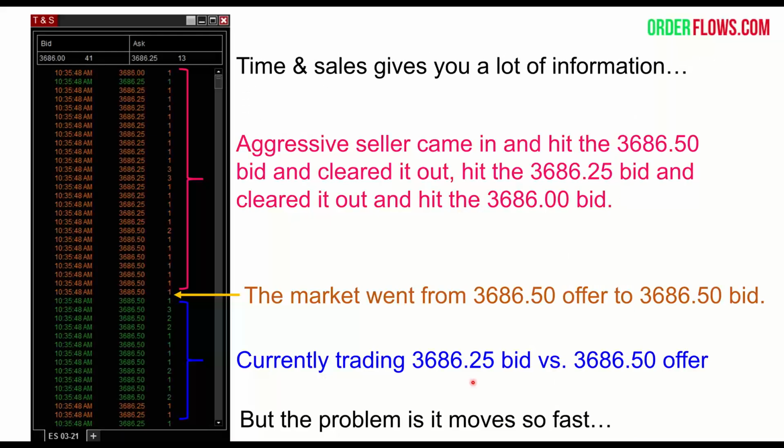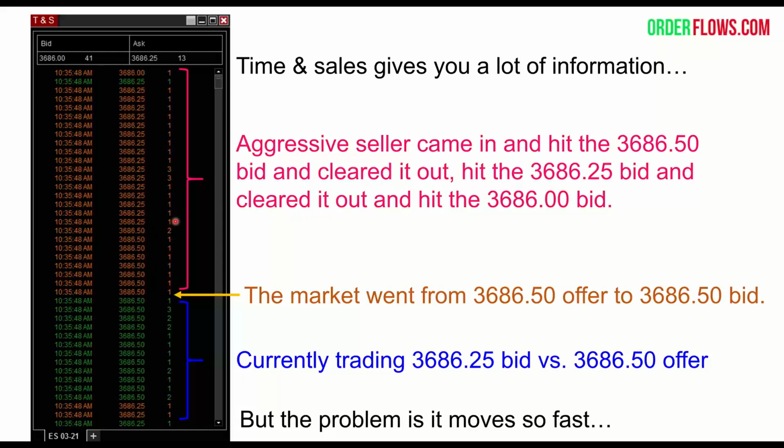Now, time and sales, right? It gives you a lot of information. You probably never really wondered why it's different colors, but there's a reason. In this case it's orange, but you can change the colors to whatever, blue and red. I have it orange and green, but all this trading that's orange color is an aggressive seller came in and sold these prices for this quantity, right?